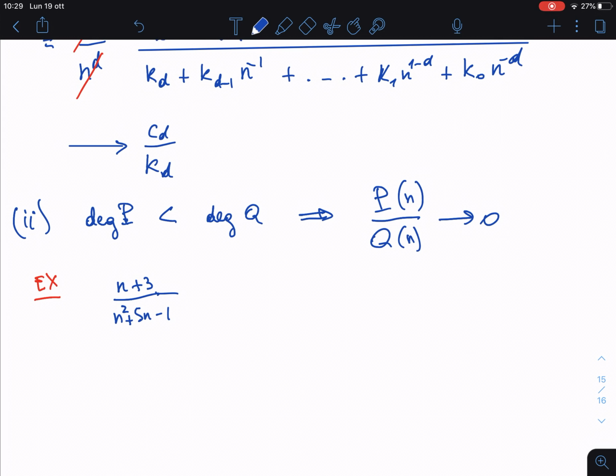So here again, gather out the highest power terms of numerator and denominator, and so you collect out n from the numerator, and here you have 1 plus 3 over n. You collect n squared out of the denominator, and here you have 1 plus 5 over n minus 1 over n squared.